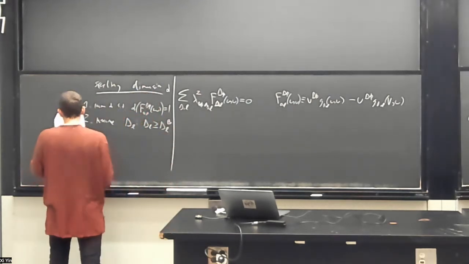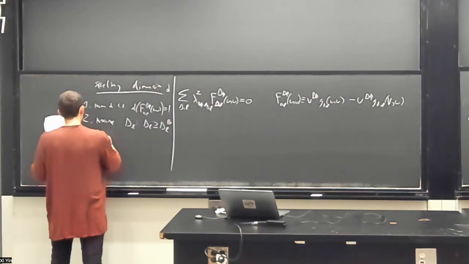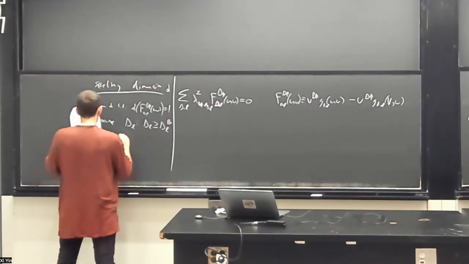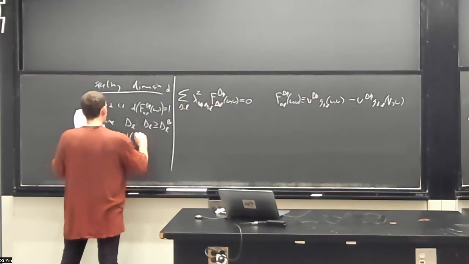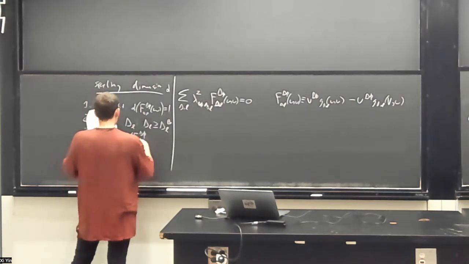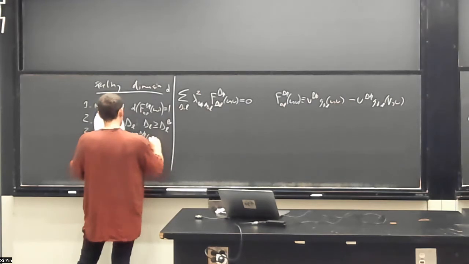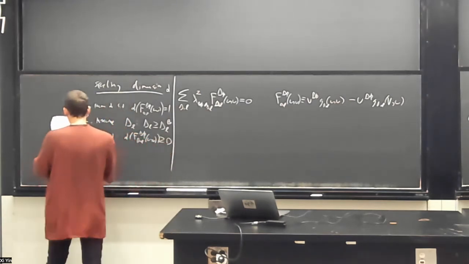Third, we then search for an alpha such that alpha acting on the f's of all these operators, except for the identity, are greater than or equal to 0.